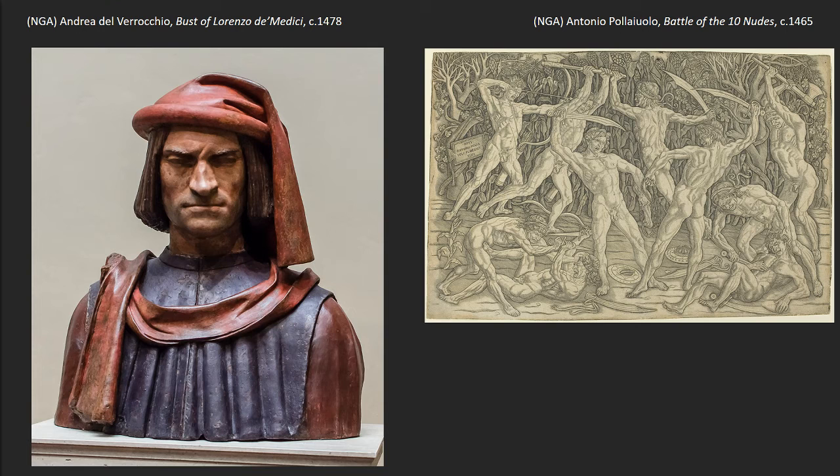But Antonio is the son of a chicken farmer. And these names often tell us something that's kind of important about the Renaissance. And with Pollaiuolo, it's that many of our Renaissance artists came from working class backgrounds. That the Renaissance was very much a period where you made your future, which is a total break from the Middle Ages.